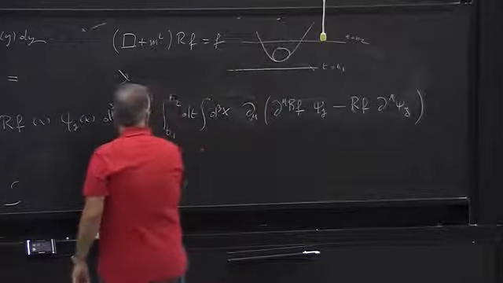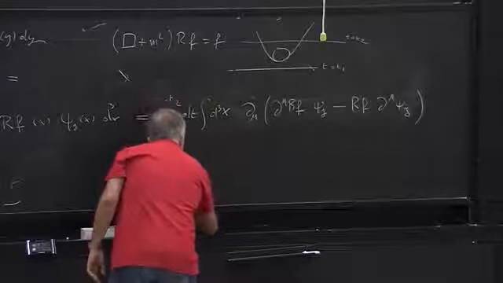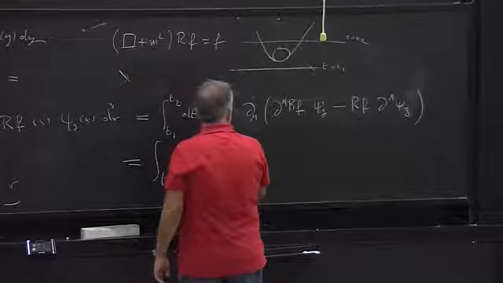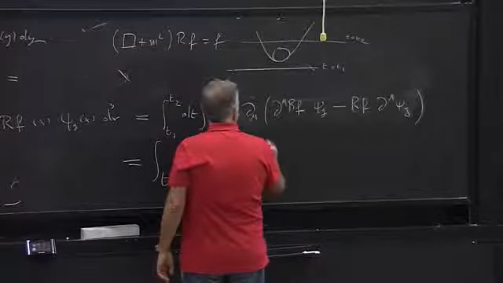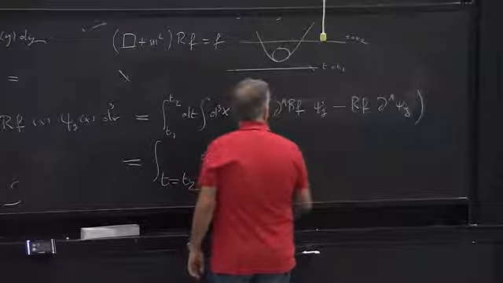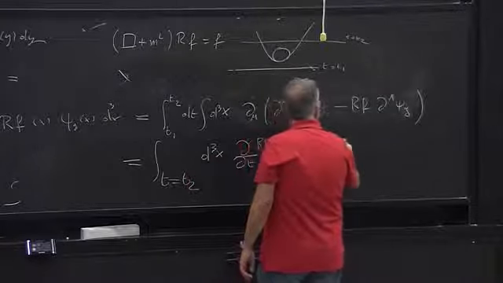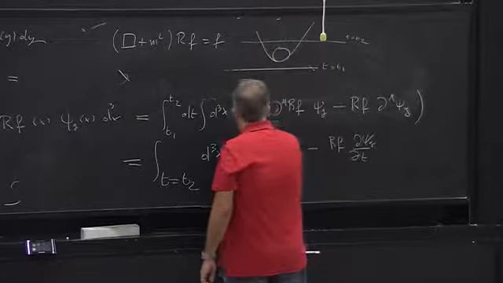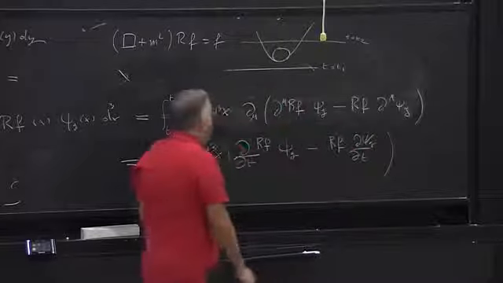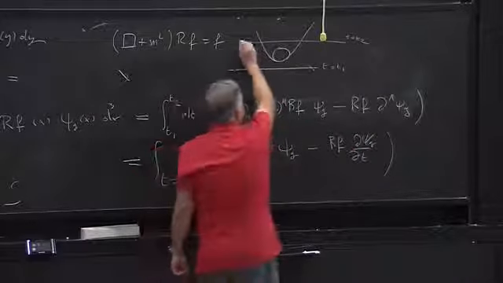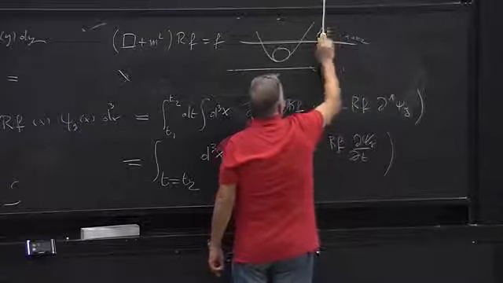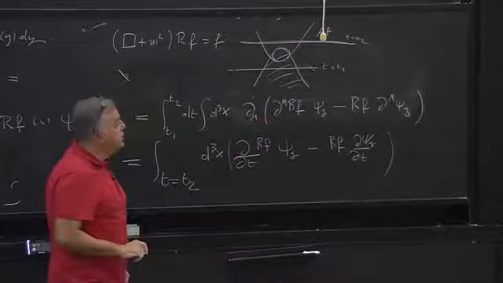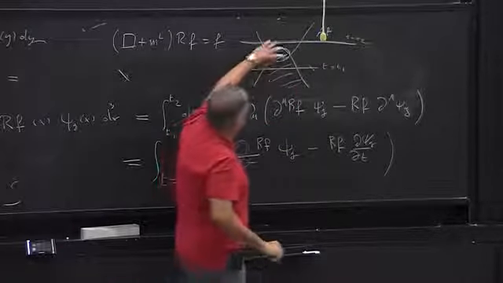So this is equal to the integral at t equal t2 over d3x of d over dt of rf times psi g minus rf d over dt psi g. Okay? The final step is that on this surface, AF equals 0. AF is the solution of the inhomogeneous Klein-Gordon equation, which has support backward.